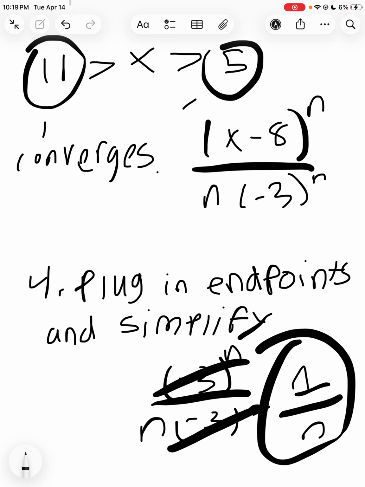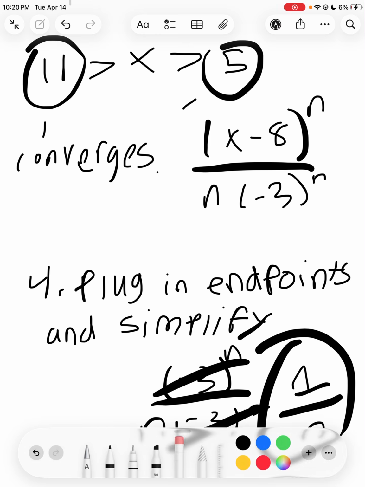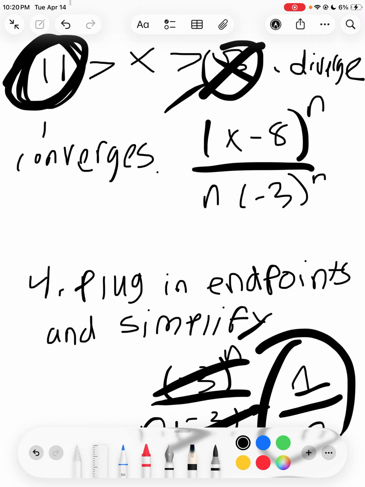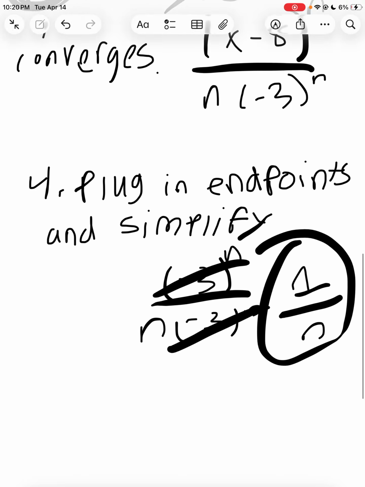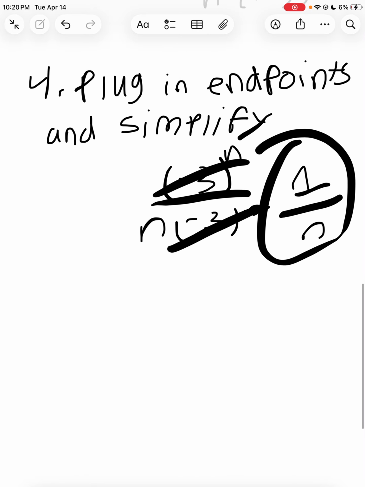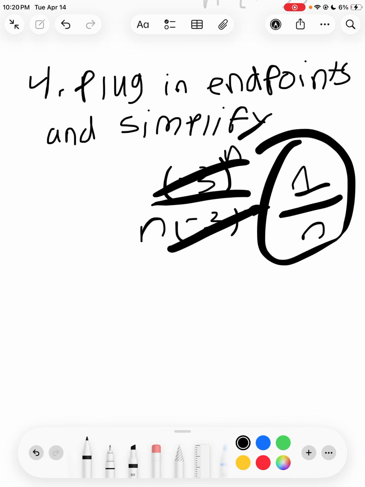So this endpoint right here is going to diverge. So this one is included, this one is not included. So yeah, that's our answer. The right endpoint converges, so 11.